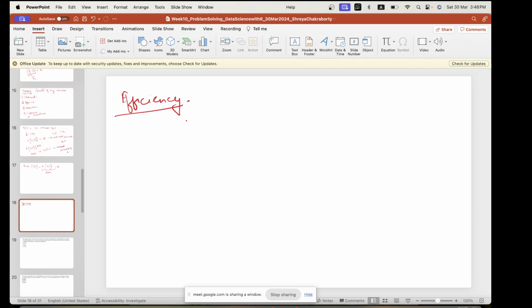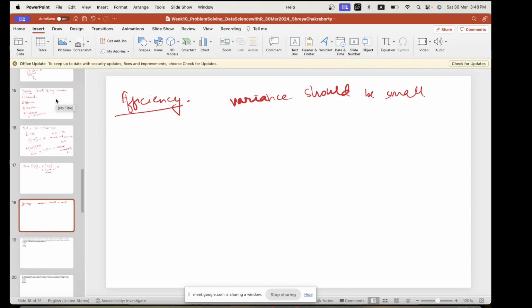Efficient means that the variance should be small, in some sense. As I was mentioning, if you have a population, drawing different samples would result in different estimates of theta.